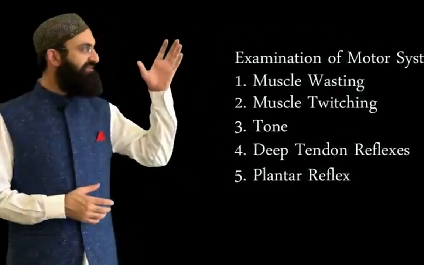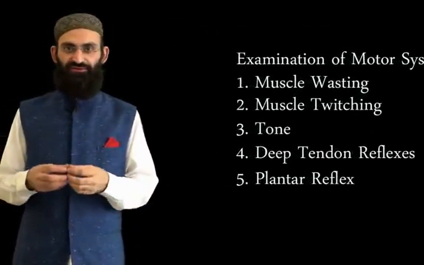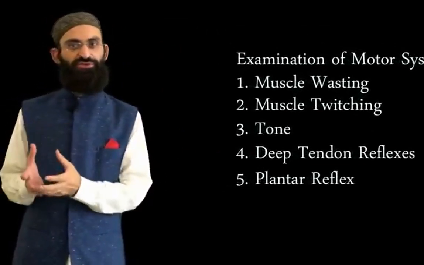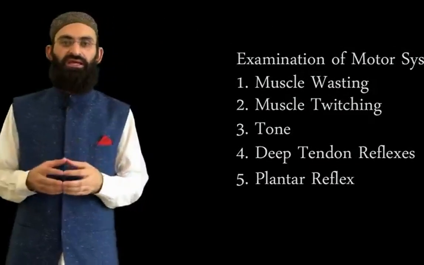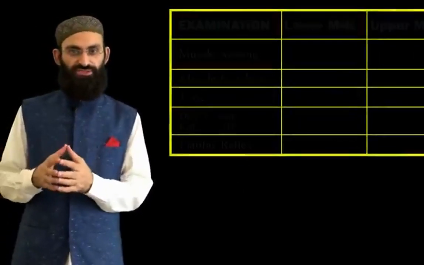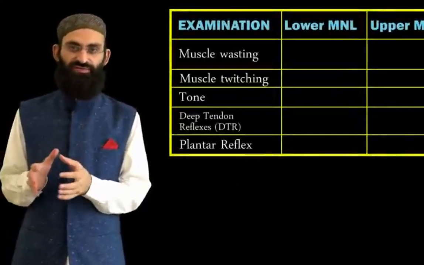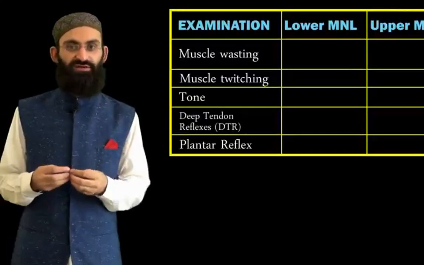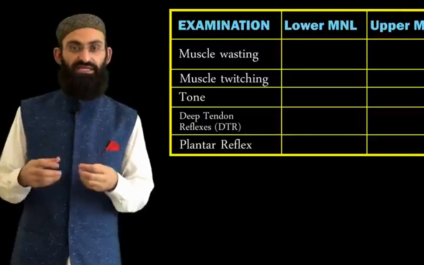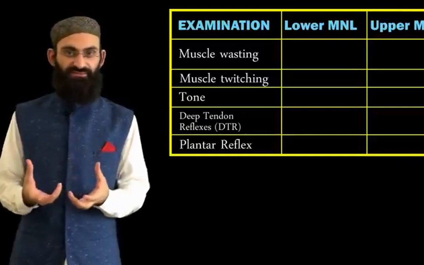So on the basis of these examination findings, we differentiate whether it's a lower motor neuron type weakness or an upper motor neuron type weakness. As you know, lower motor neurons maintain the growth of muscles by induced contractions as well as release of trophic factors that cause synthesis of proteins in the muscles.